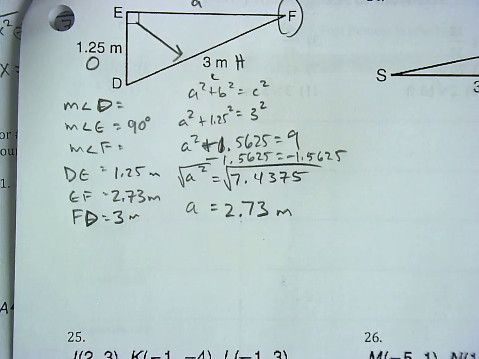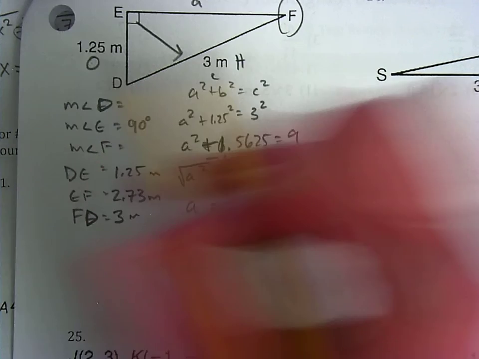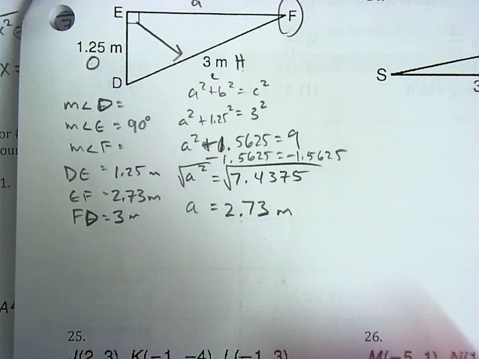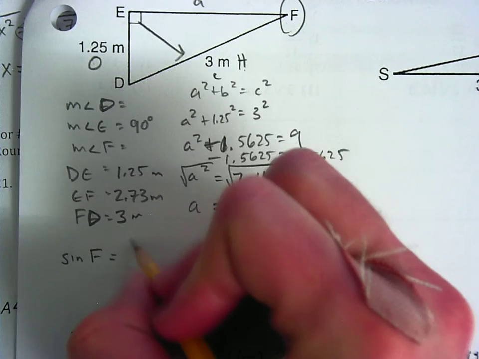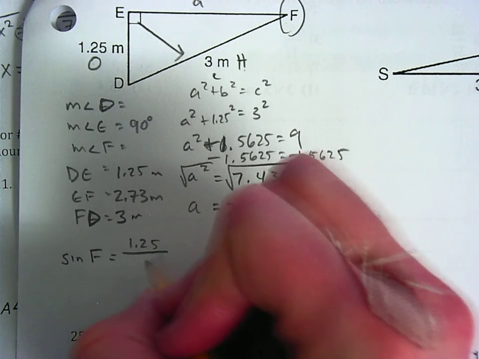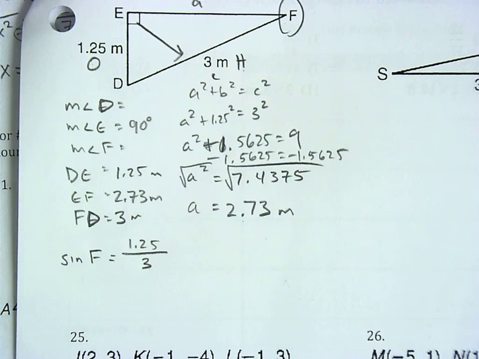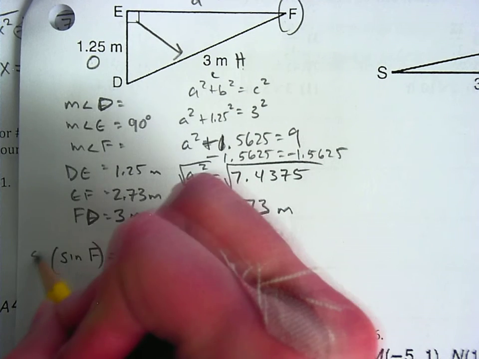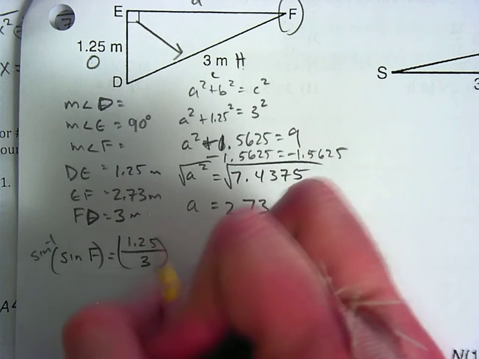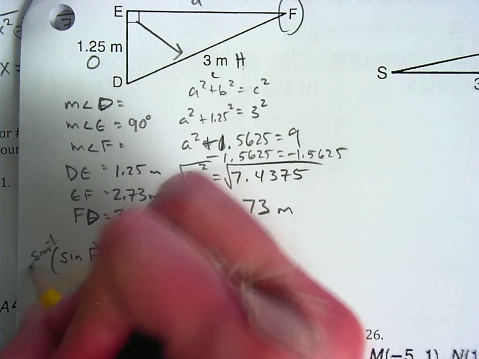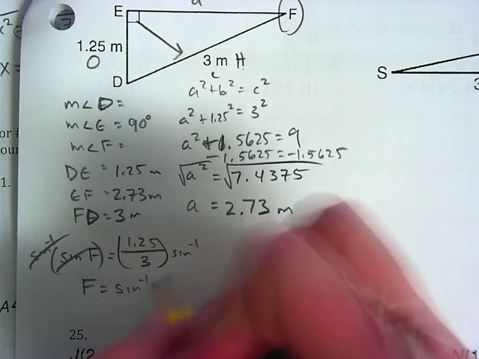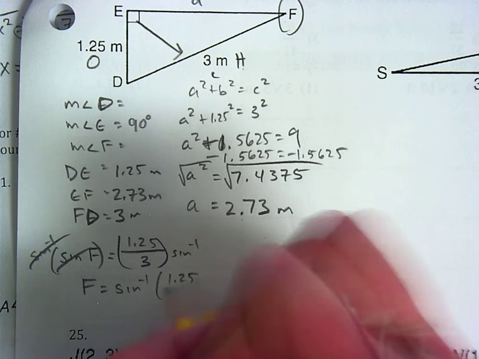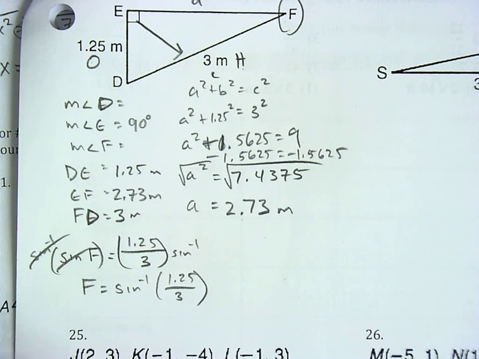So if we have opposite and hypotenuse, we're going to do sine. So the sine of F is the opposite, 1.25, over the hypotenuse, 3. And we're just going to do the inverse to get the angle. So F is sine inverse of 1.25 over 3.